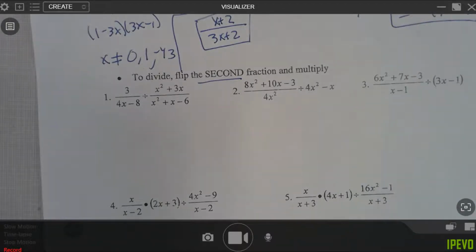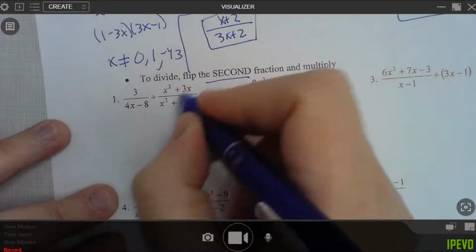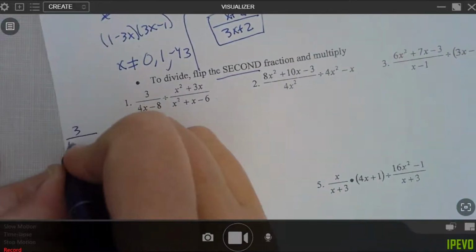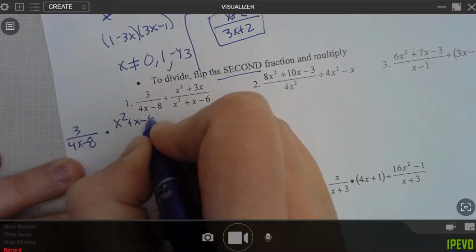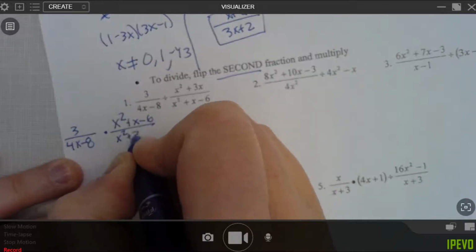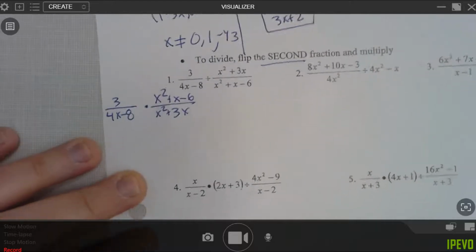Don't divide by a fraction, multiply by its reciprocal. So this flips. So your first step is to flip it, and then to factor everything.